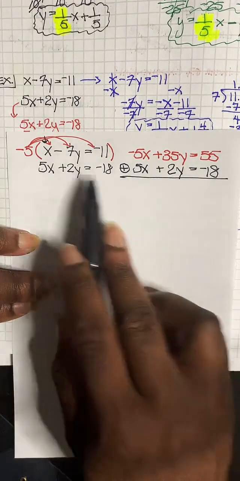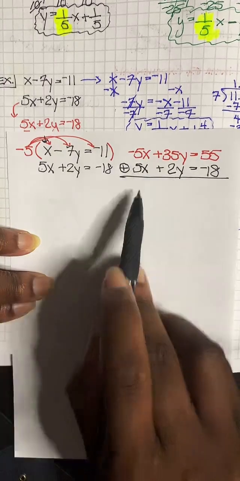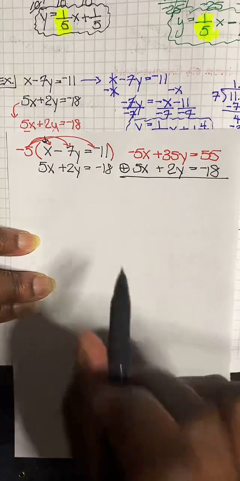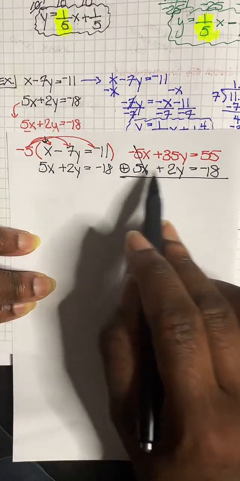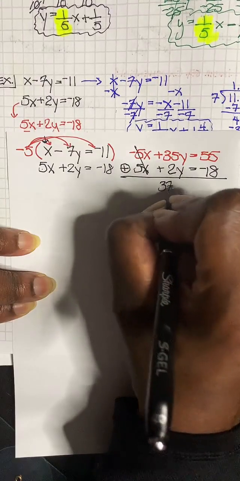Because the reason why I multiplied that first equation by negative 5 is now I got negative 5x plus positive 5x. They cancel out. Okay. Now I have 35y plus 2y, so that gives me 37y.